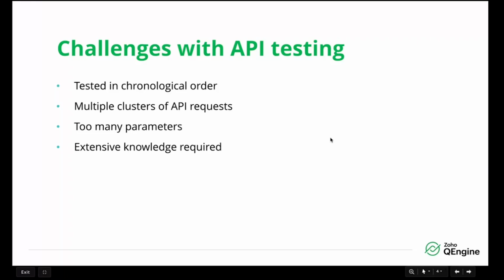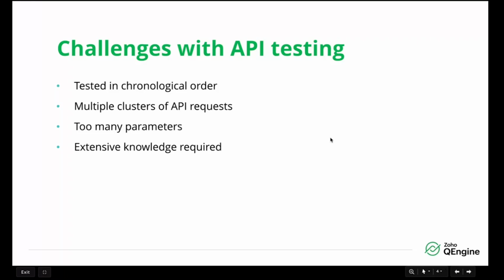And finally, since I mentioned it at the beginning itself, an API is not something an end user will be interacting with. An API is something a developer and tester will be, mostly the developer will be working on it and the tester will be testing it. Or sometimes even the developer will take care of the testing of the API request.